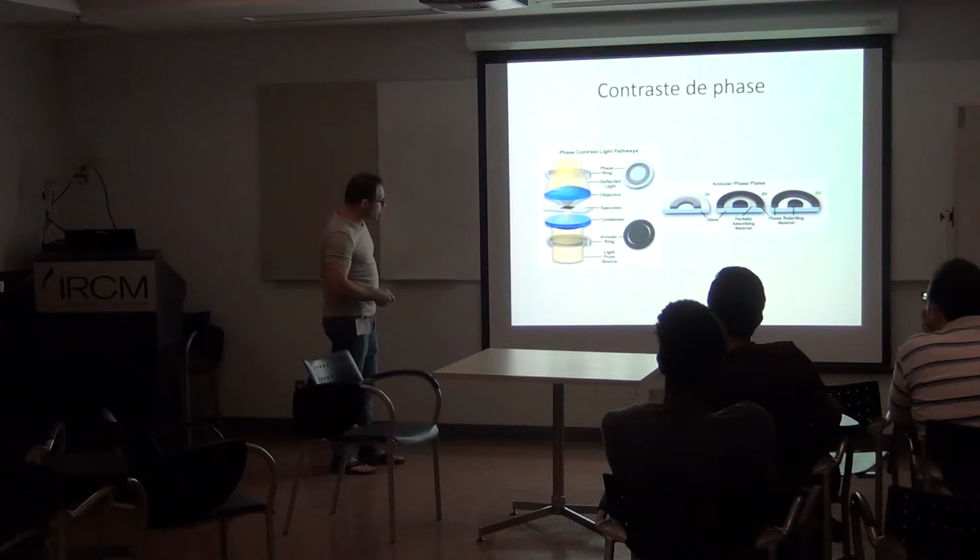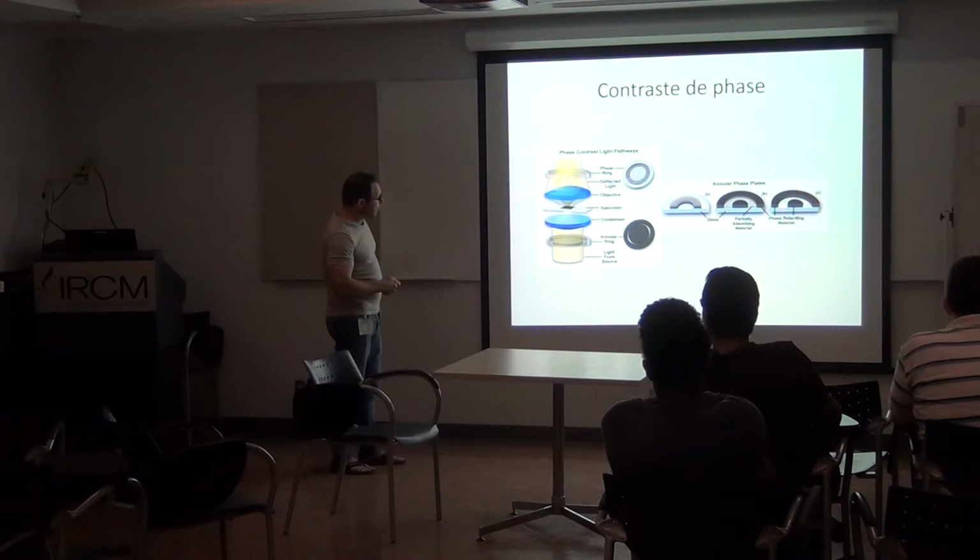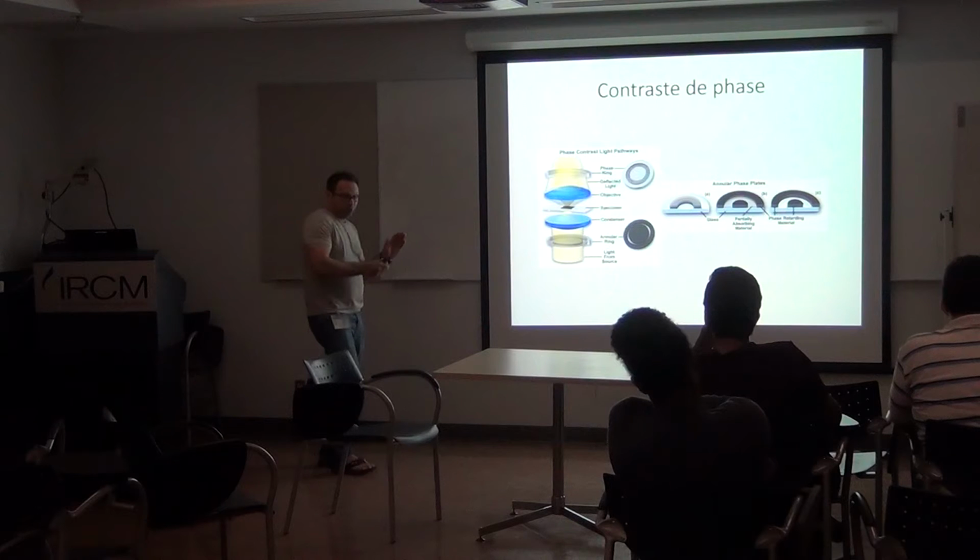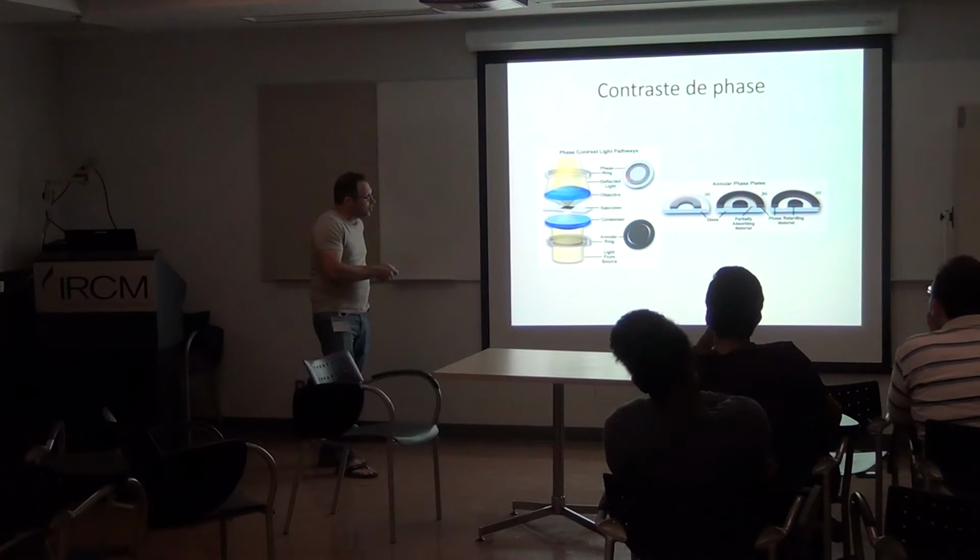So you use an objective in which you grind something that will retard light by a certain amount just because of the refraction index.